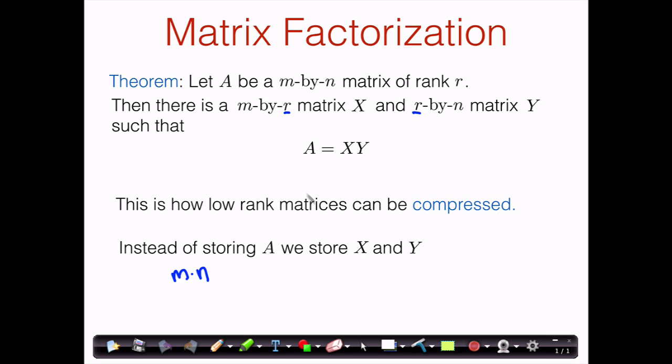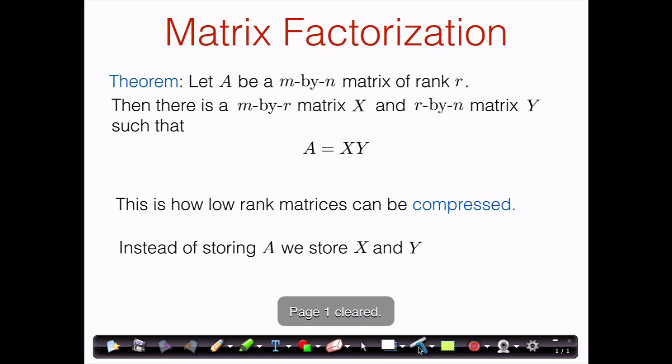To store X, since it's an m by r matrix, we have to remember m times r many numbers, and to store Y, it's an r by n matrix, so we have to remember n times r many numbers. So in total, we have to remember this many numbers. In other words, r times (m plus n). Now if r is small, then r times (m plus n) can be much, much less than m times n. So that means that we have a lot of savings in just remembering X and Y rather than A itself.